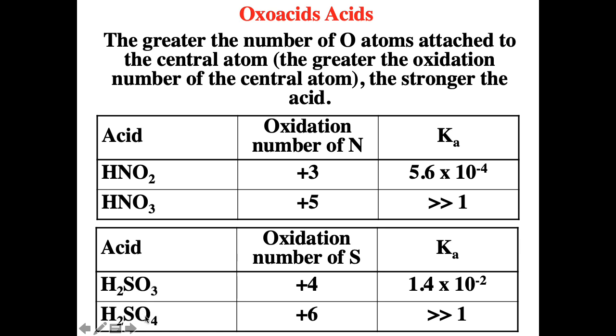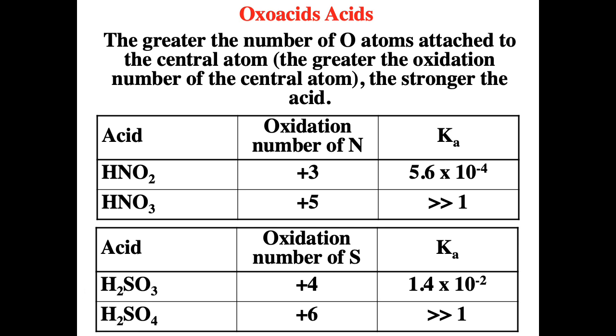The sulfuric is a strong acid, the sulfurous is a weak acid. Now again, you have to make sure that you don't compare different numbers of oxygen and different center atoms at the same time. Notice that nitric acid, a strong acid, has 3 oxygens. Sulfurous acid, a weak acid, also has 3 oxygens. But do notice that, more oxygen, the stronger the acid. And so that's how you can remember that nitric is a strong acid, while nitrous is a weak acid. Sulfuric is a strong acid. Sulfurous is a weak acid.